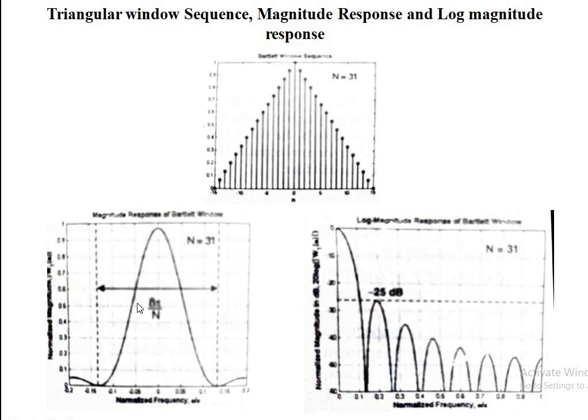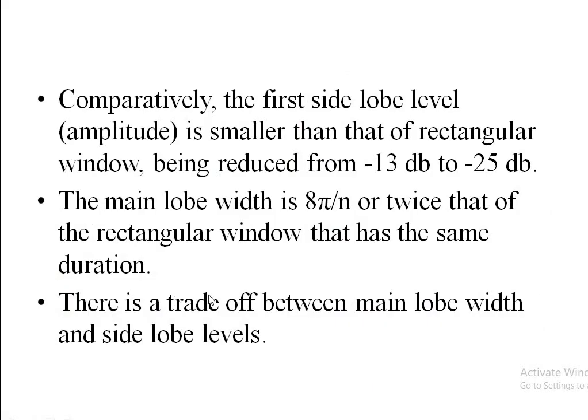But the main lobe width in the case of the rectangular window was 4 pi by n, whereas here it is 8 pi by n, which is twice that of the rectangular window for the same duration n equal to 31. These results suggest that when we choose between a triangular window and a rectangular window, there is a trade-off between the main lobe width and the side lobe levels.